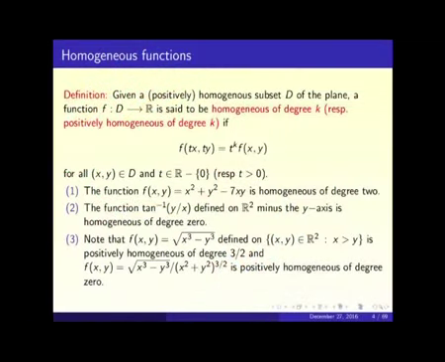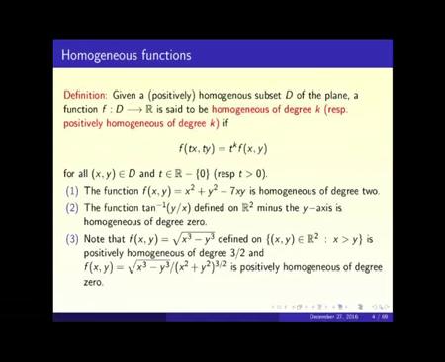Let us take the third example. Square root of x cube minus y cube. Now we are looking at real valued functions only. So from the domain, we have to remove points like (1, 2), because when I take x equal to 1 and y equal to 2, the quantity under the square root becomes negative.